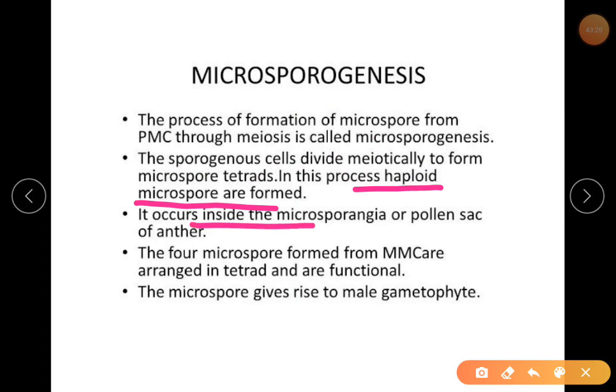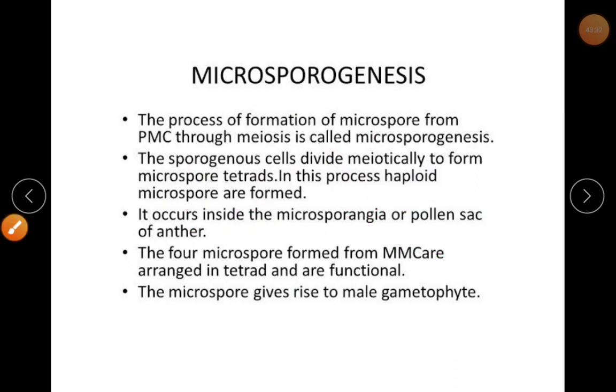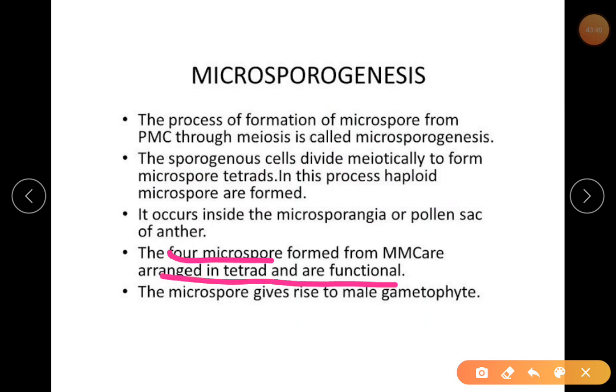Where does it occur? It occurs inside the microsporangia, or another term, pollen sac. This you better keep for the mature state, microsporangium for the young state, just to avoid any confusion. So there are 4 microspores formed, arranged in a tetrad, and all are functional. All 4 microspores are functional.